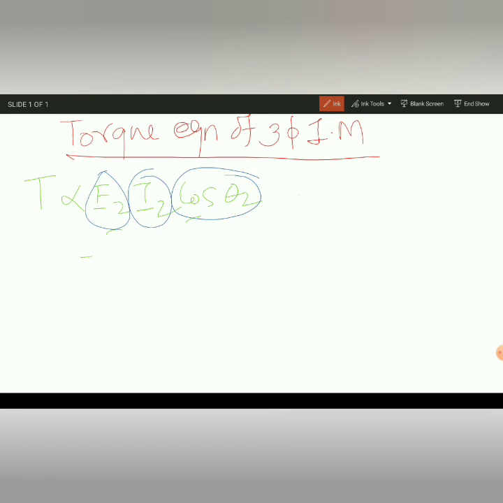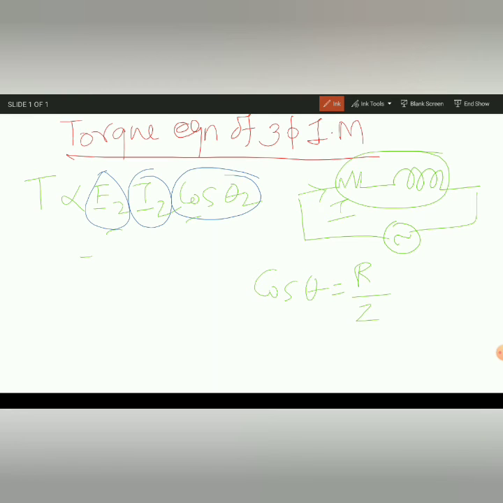If we have a resistance and a reactance and we apply the voltage, current will flow. In an AC circuit, cos theta will be equal to R by Z. Since we are talking about the rotor power factor, it will be R2 by Z2.